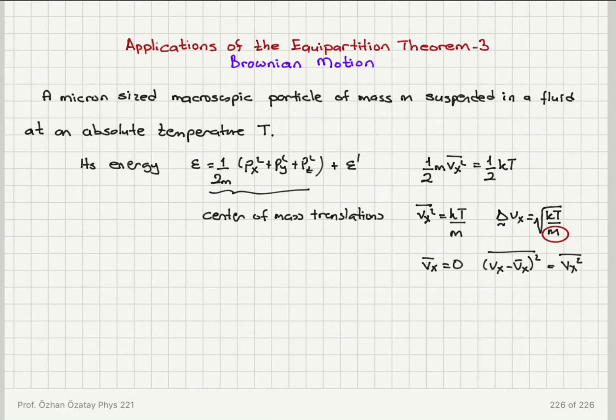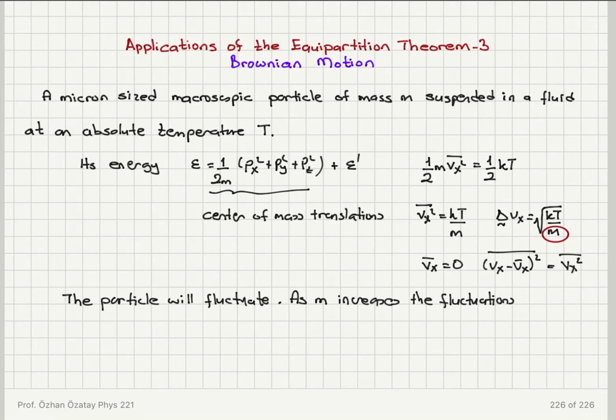So the conclusion is that the particle will fluctuate, and we will see fluctuations of the particle under the microscope. However, as the particle mass increases, the fluctuations will be harder to observe.